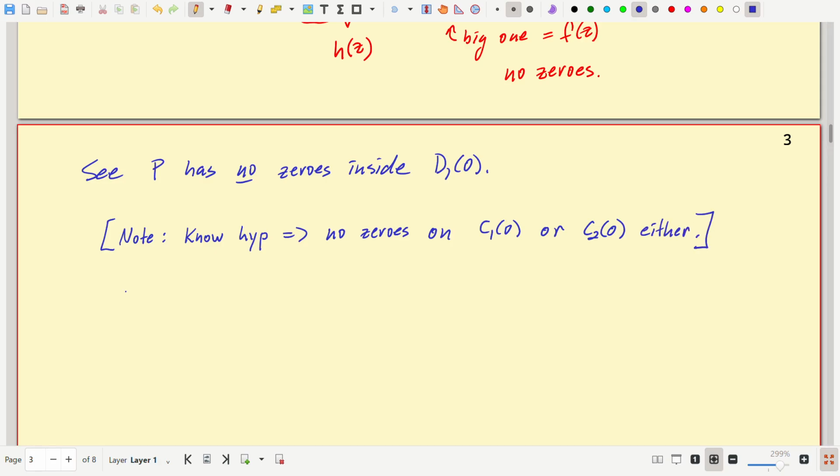So we conclude that all 6 zeros are in the annulus, the open annulus that I started with. Okay, that's a very typical application.